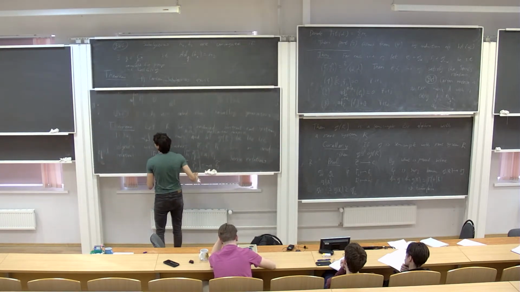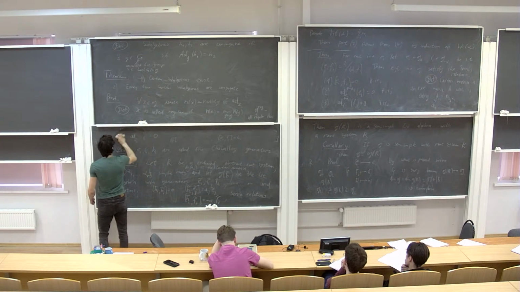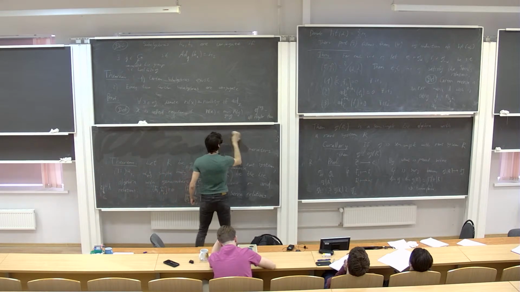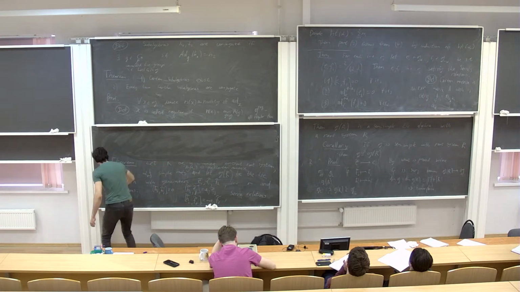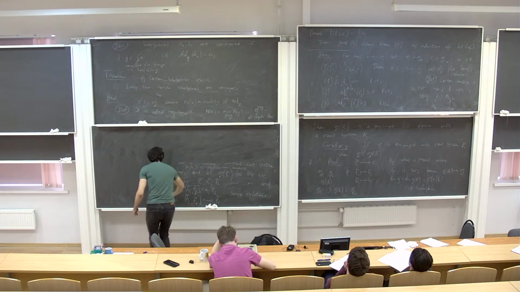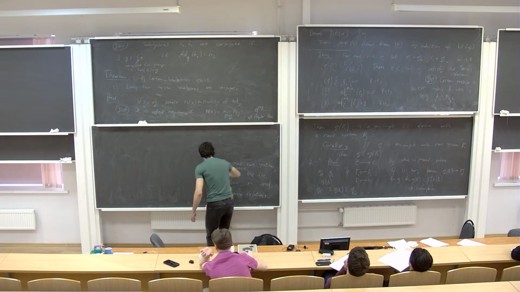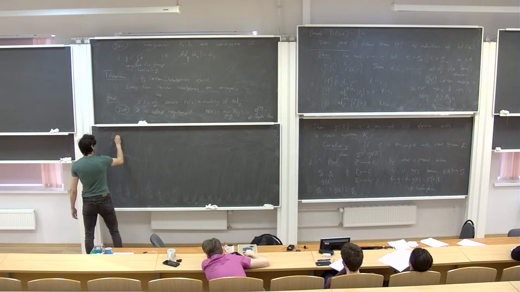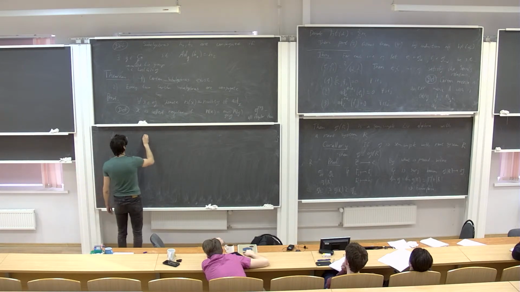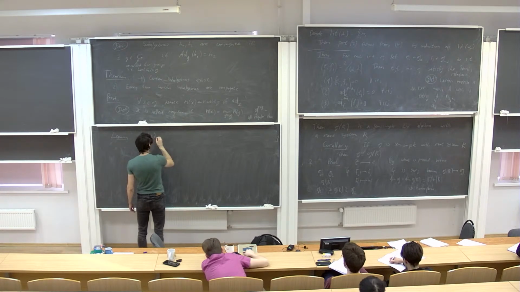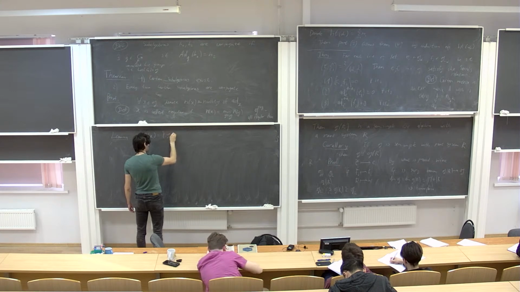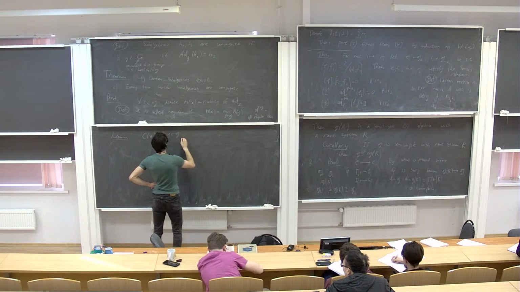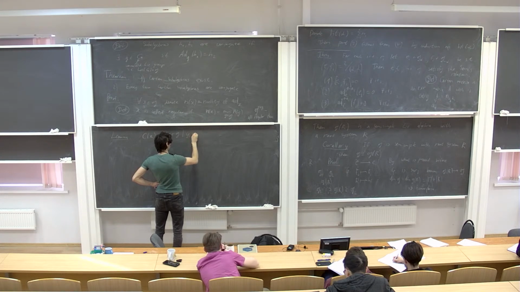All right, then I have the following lemma. The centralizer C(x), which is all y in g such that y commutes with x.